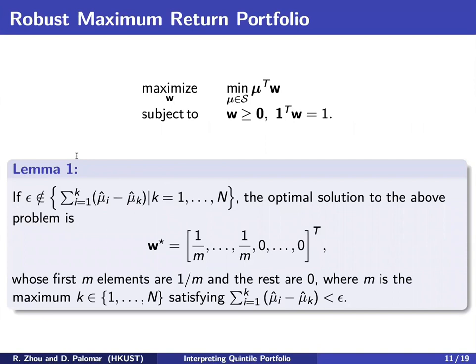We have proved in the paper that the optimal solution to the robust maximal return portfolio in this form is like this. Its first m elements are equally weighted, and the number of these active assets is decided by the estimation error.